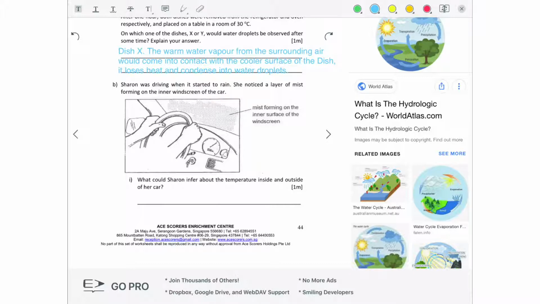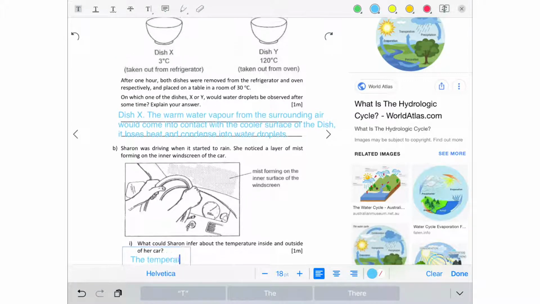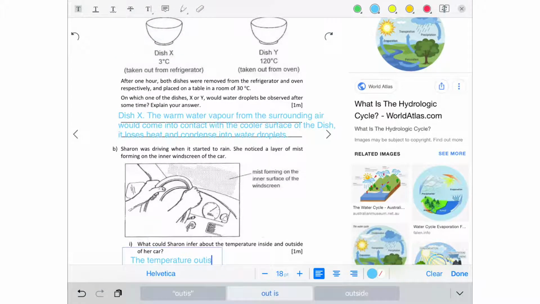So the water vapor touches the surface. This surface is cold, you know what I mean? So it condensed and it became water droplets, right? So we would infer that the temperature outside is cooler than inside, right?